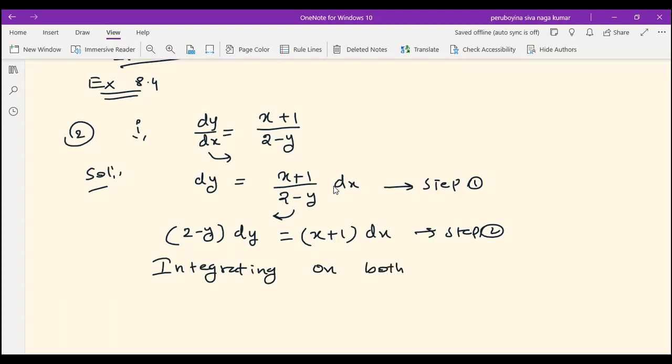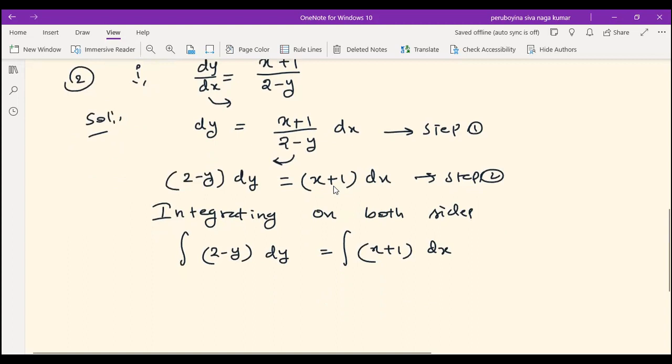Don't write with respect to x or y, it was already there. Just write integrating on both sides. Integral of (2 minus y) dy is equal to integral of (x plus 1) dx.